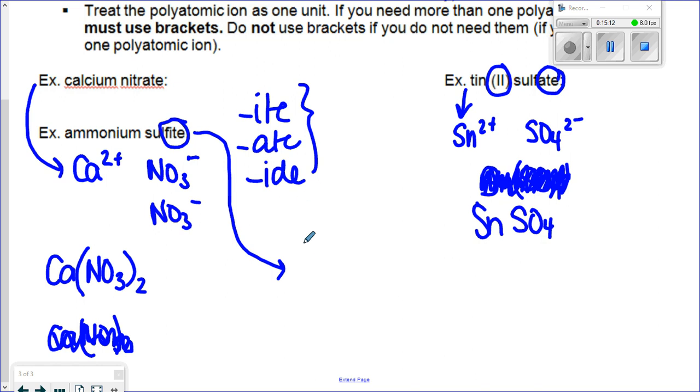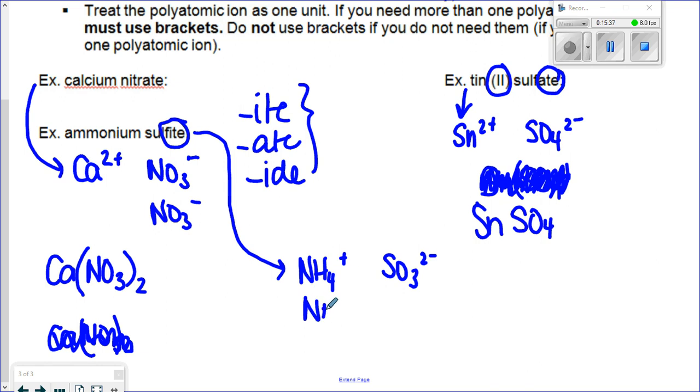For ammonium, ammonium again is NH4 with one positive. Sulfite is SO3 with a 2 minus, I believe. Sulfite, SO3 with a 2 minus. So we have one positive contributed by our cation, ammonium, two negative contributed by our SO3, that's our anion.